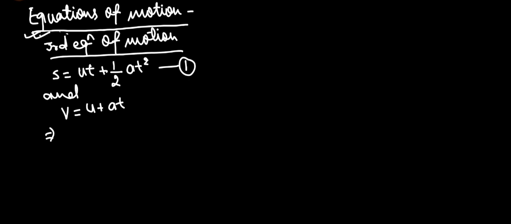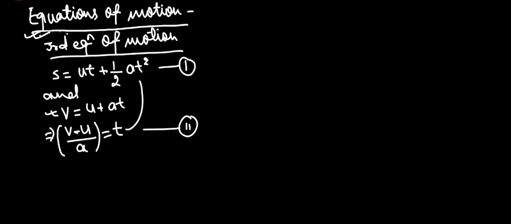From this equation, students, we can write (v minus u) divided by a equals t. Let us consider this as equation 2. Now, if we substitute the value of t equals v minus u upon a in the first equation, what will we get?